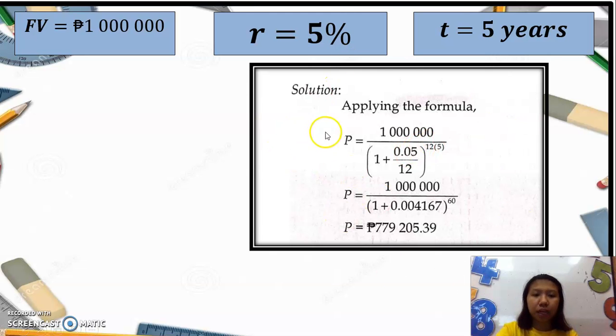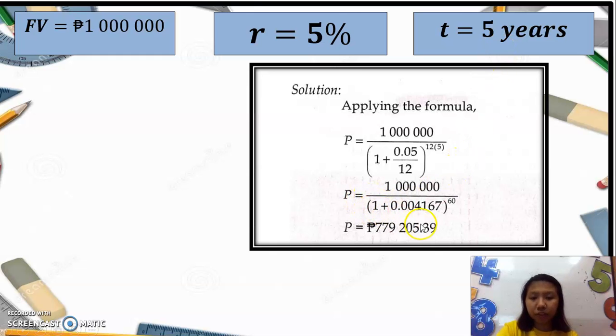Upon using the formula, we will have the principal amount equals future value divided by 1 plus r over m raised to m times t. So let's substitute. We have 1 million pesos for the future value, and the quantity 1 plus 0.05 for the rate upon conversion, divided by 12, the number of compoundings, and then raised to 12 times 5, 12 for the number of compoundings and 5 for the time in years.